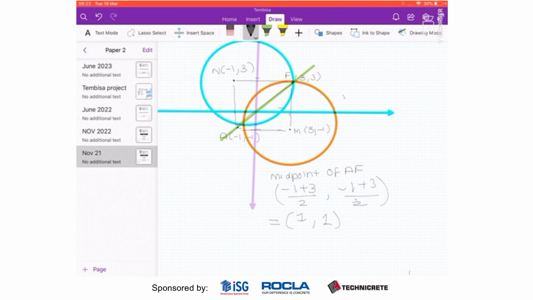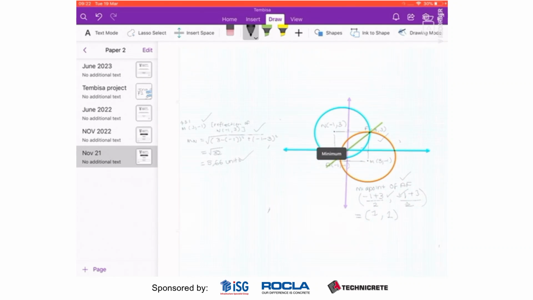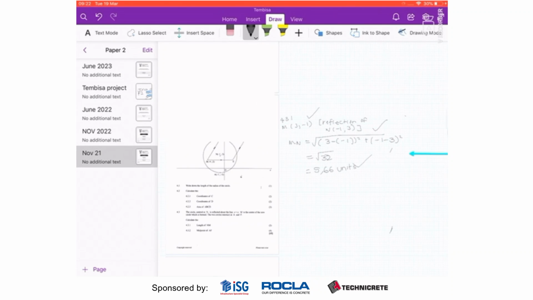Okay, this was a 4-mark question for actually not much information. If you use this method, 1 mark for the square, 1 mark for your x and y, and finding the midpoint. Okay, I hope this made sense, and if you have any questions, please do let me know.